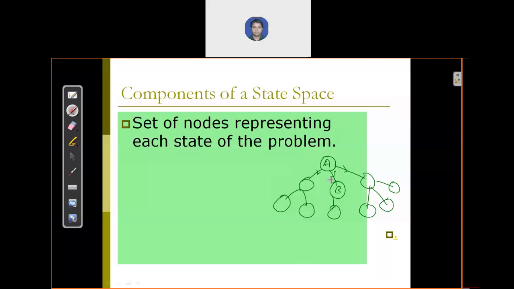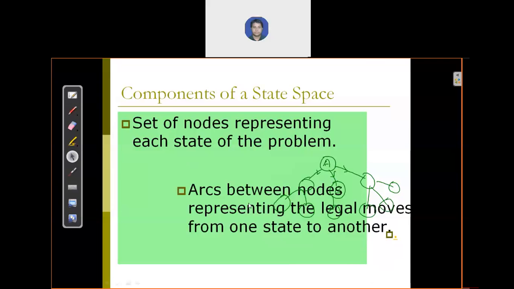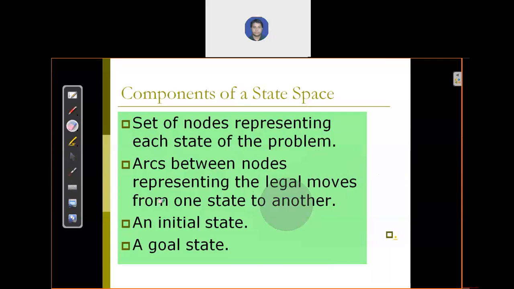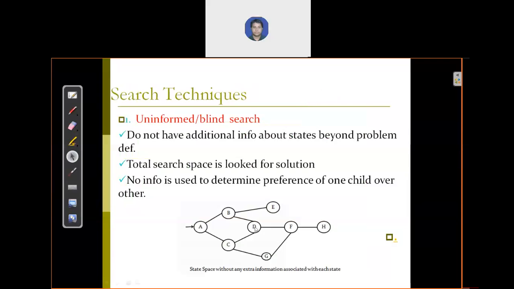The arcs between nodes represent the legal moves from one state to another, and there is an initial state, a goal state, and several intermediate states where your problem can go. All these things we have discussed.